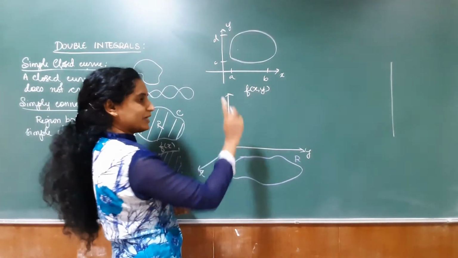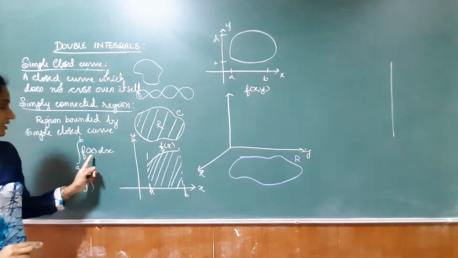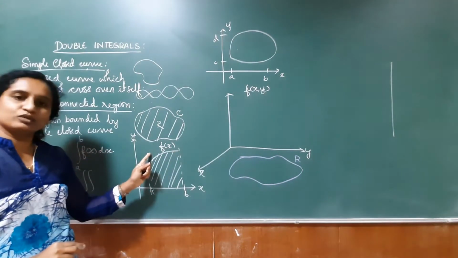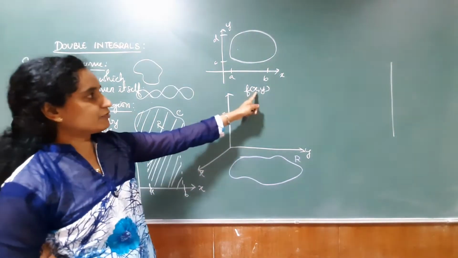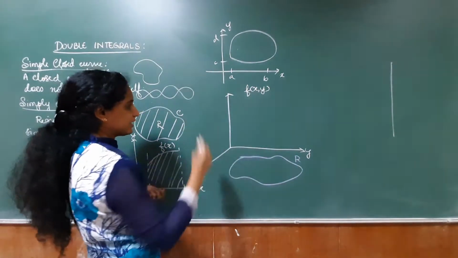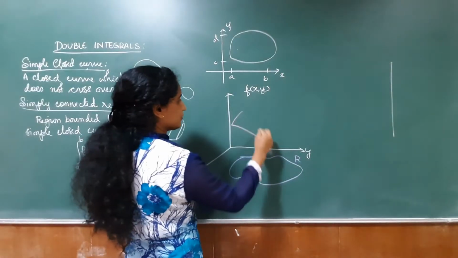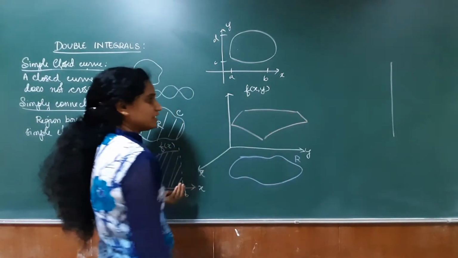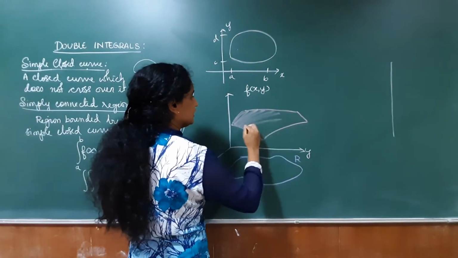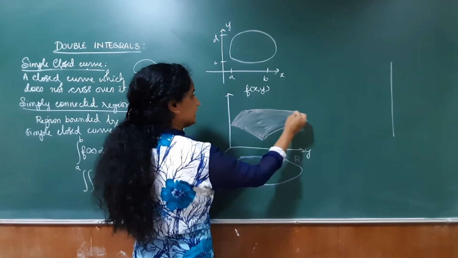Since the function depends on two variables, I can draw the function in three dimensions. If a function is depending on one variable f of x, then the graph of it is drawn in two dimensions. Therefore, if I have a function of two variables, the graph of it will be in three dimensions. Therefore, I have x, y and z, and this is the function which I am trying to integrate. F of x, y is in three dimensions.